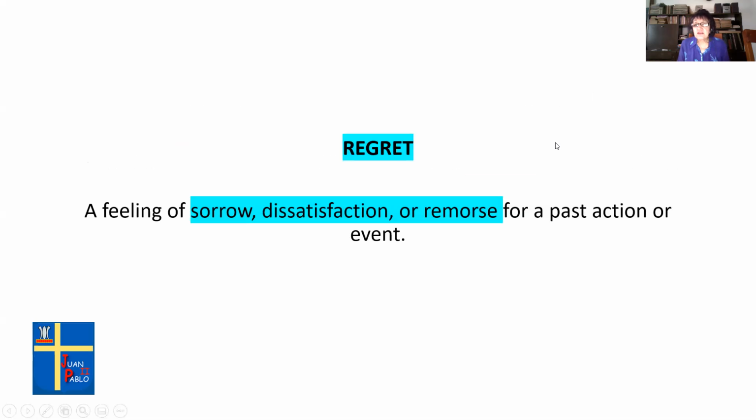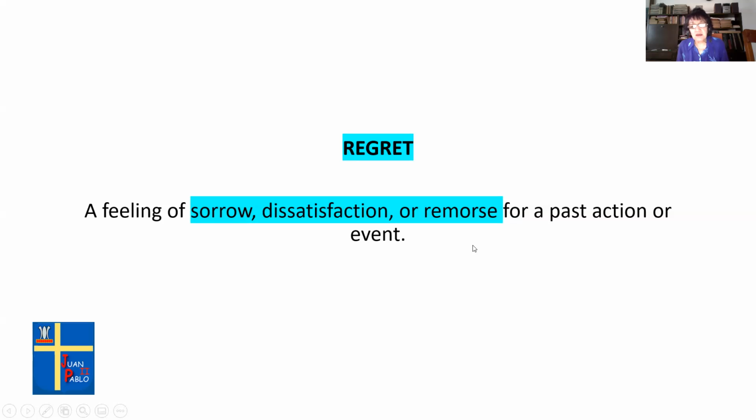When we use this past unreal conditional, we are expressing a regret. A regret is a word that expresses in Spanish arrepentimiento, lamento. It's a feeling of sorrow, pena, dolor, dissatisfaction, insatisfacción, or remorse, remordimiento, for a past action or event.